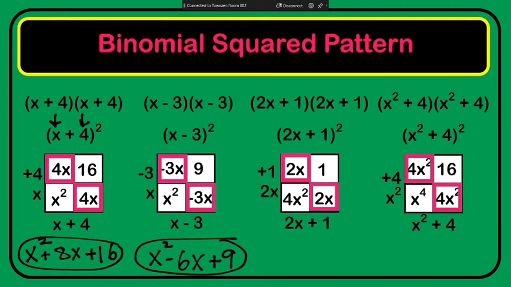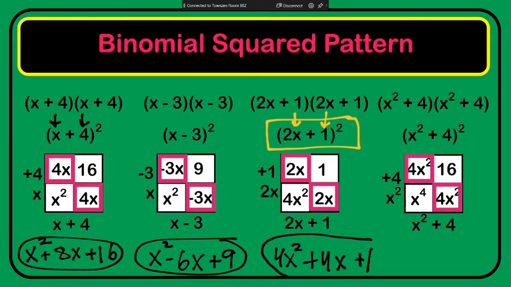If we just look here at the problem, here's our first term. And so if we square that, we're going to get 4x squared. Here's our last term. It's a 1. If we square that, we're going to get positive 1. And then we have those two 2x's, so that's going to make plus 4x.